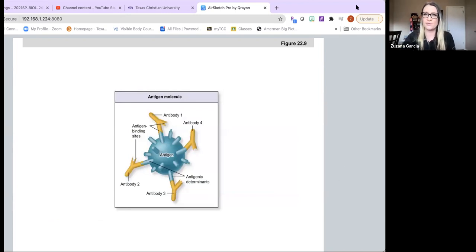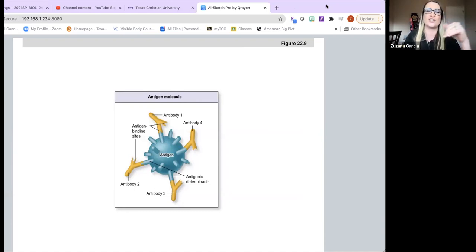So the adaptive immunity is going to involve antigens and antibodies. Adaptive immunity is initiated by contact with antigen, and generally an antigen is a foreign substance.